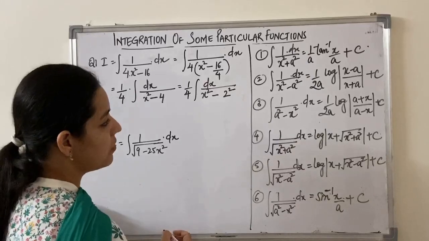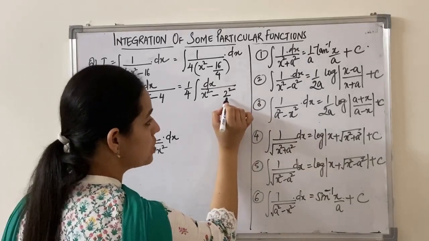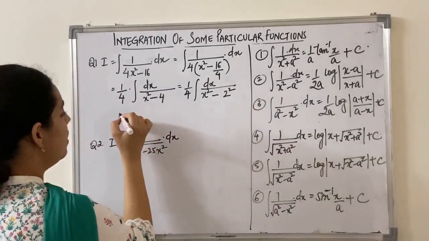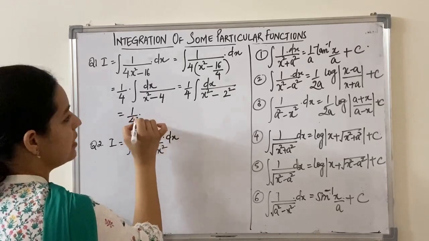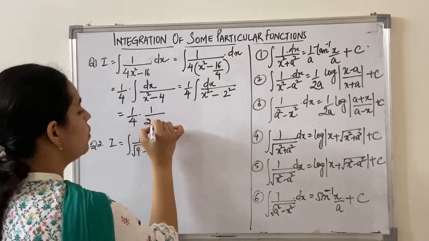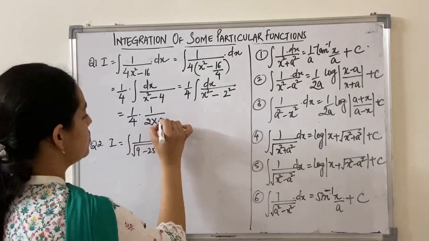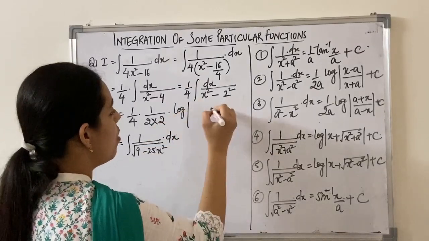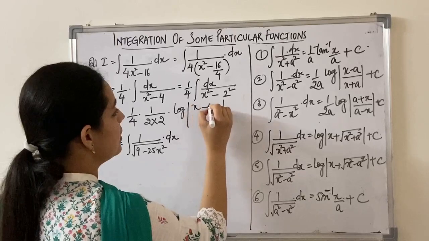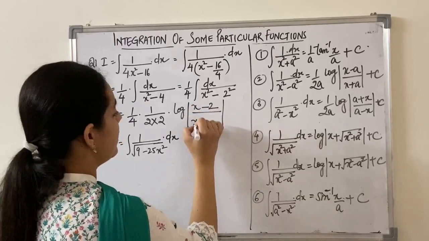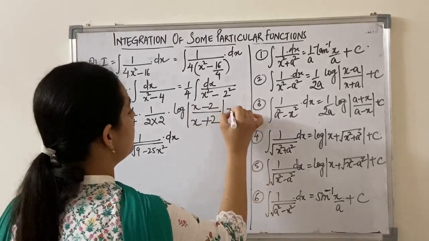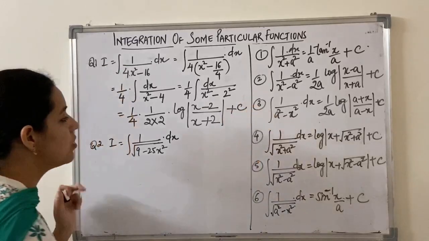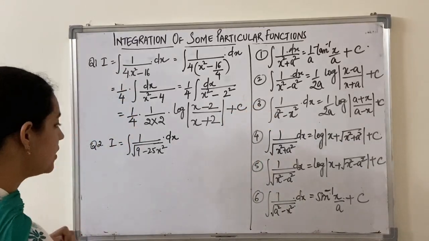So in place of a we will be using 2. So its formula says 1 upon 4 as it is, 1 upon 2a, 2a that is 2 here only, into log of mod of x minus 2 upon x plus 2 plus the constant c. You can further solve it to get the final answer.